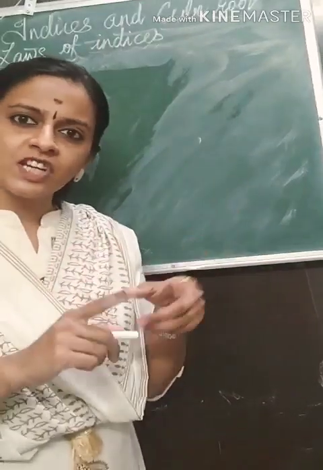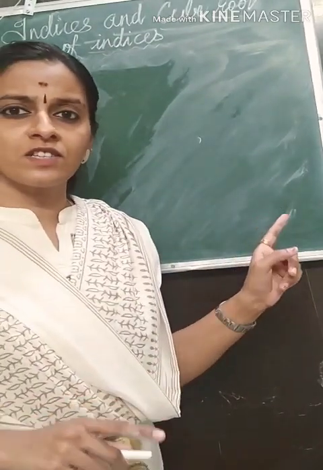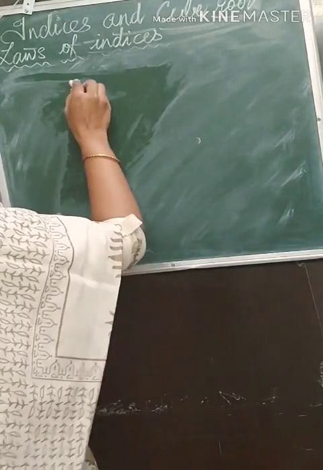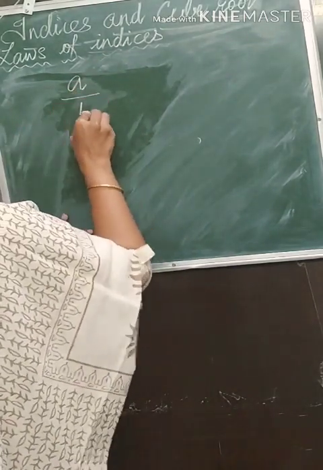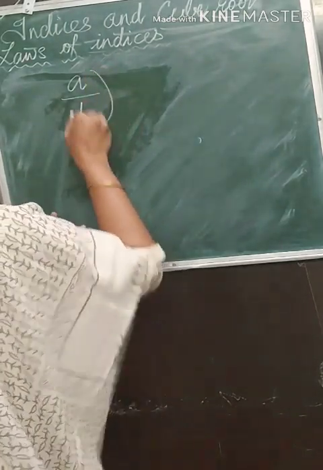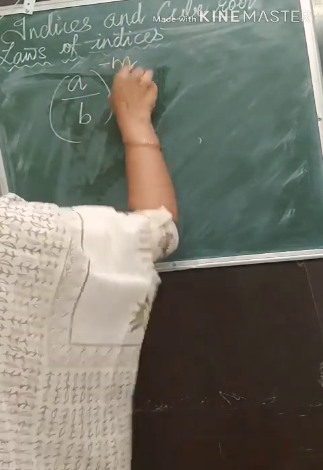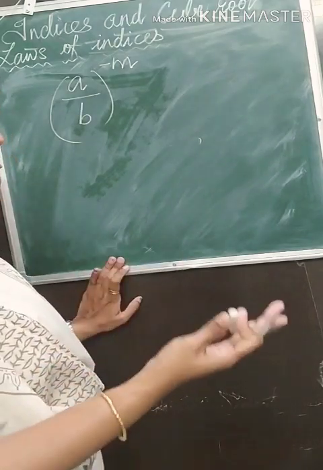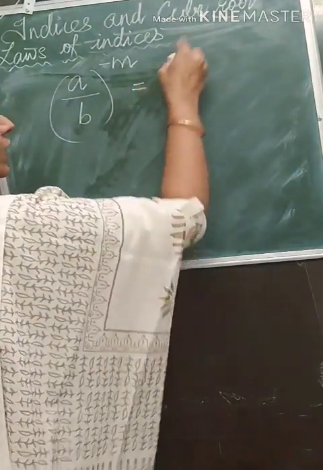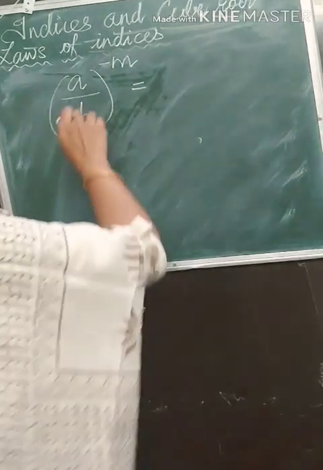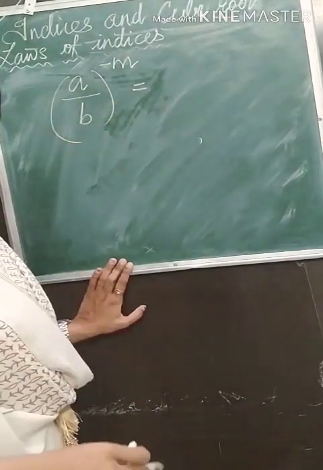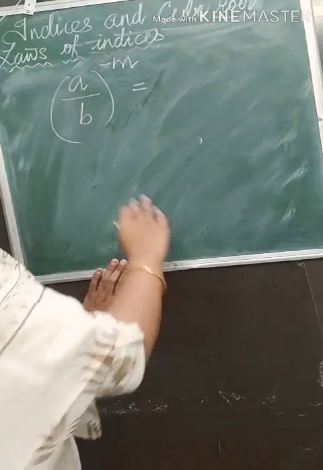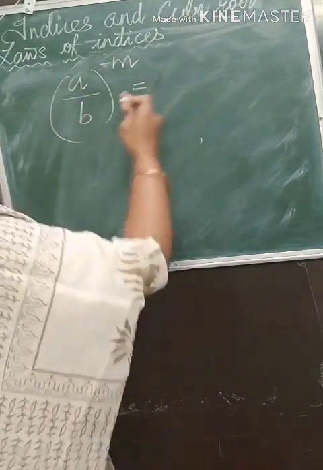Now this is an extension of the law which we discussed just now. I will give it to you in numerator denominator form. Let us consider a upon b, the whole raised to minus m. So it's a negative index. So how will that negative index become positive? 1 upon, I said, no. So when you do 1 upon to this fraction in numerator denominator form, if you take 1 upon, it will become the reciprocal.